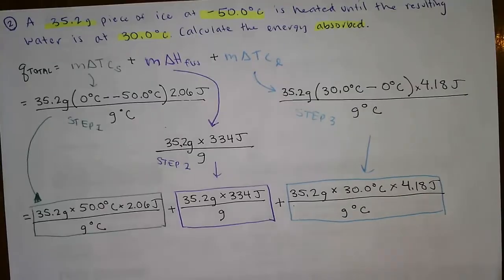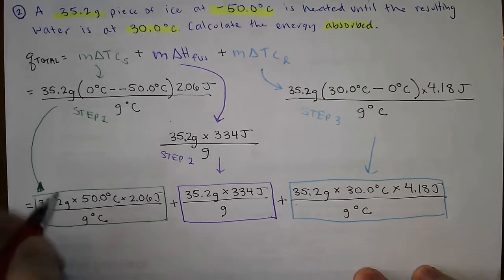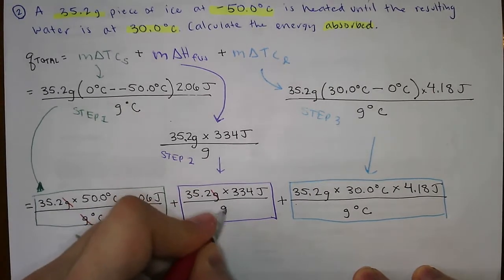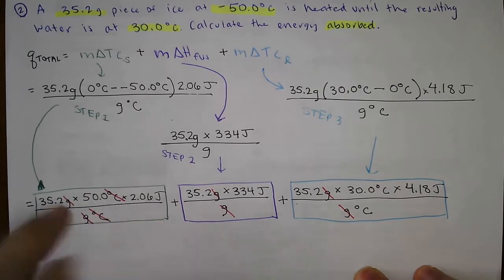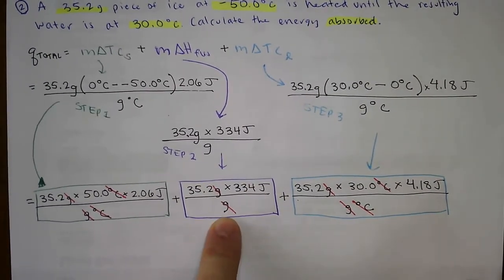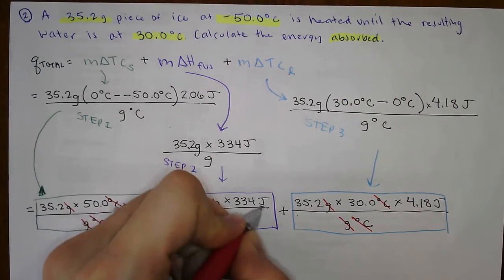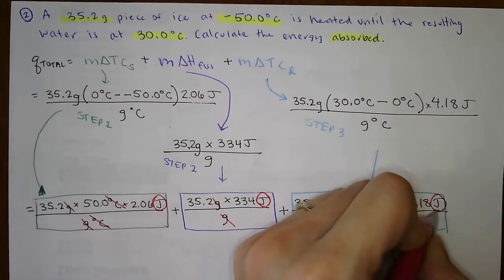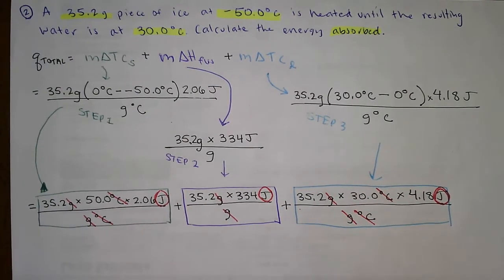Okay, so let's check all of our units. Grams cancel all the way across the board. Degrees Celsius cancel in this step and in this step. There's no degrees Celsius to cancel here because this was my phase change, not a temperature change. That leaves me with joules in step 1, joules in step 2, joules in step 3. Joules plus joules is just going to be, lo and behold, joules.